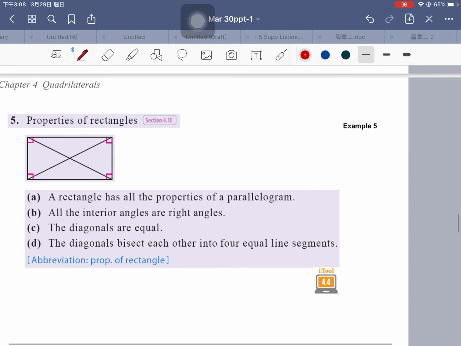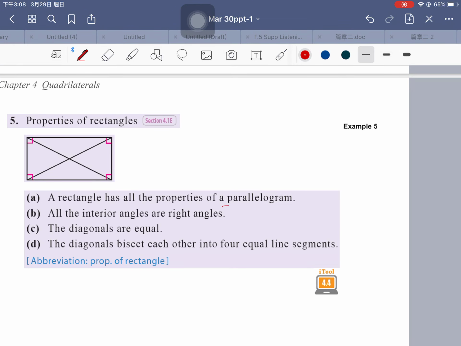And rectangle is a special parallelogram. What other properties does it have? All the interior angles are 90 degrees. The diagonals are equal.